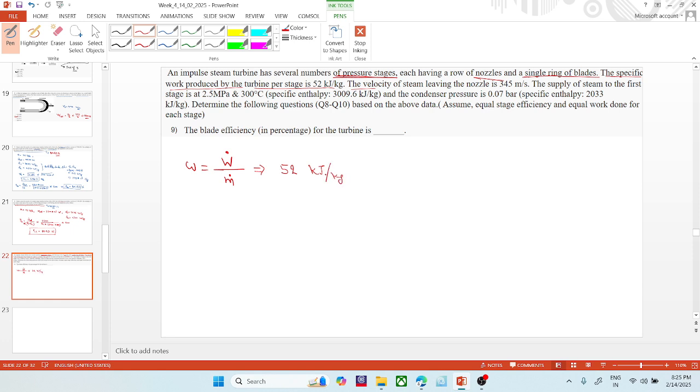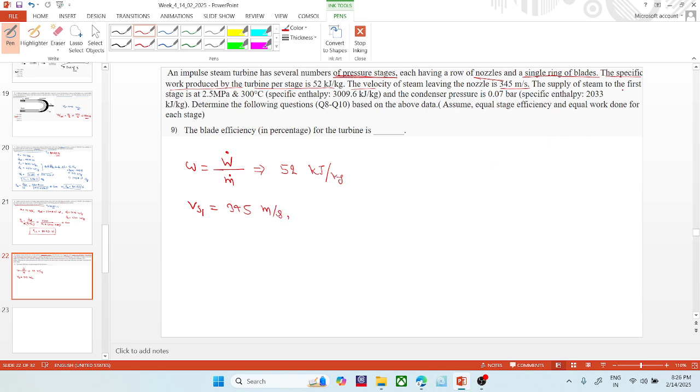kilojoule per kg. Then the velocity of steam leaving the nozzle, they have provided a value of that. The Vs1 value they have provided as 345 meter per second.